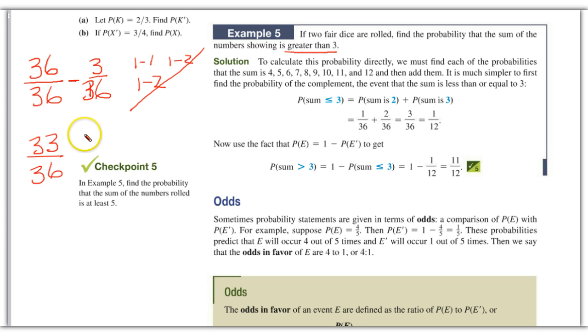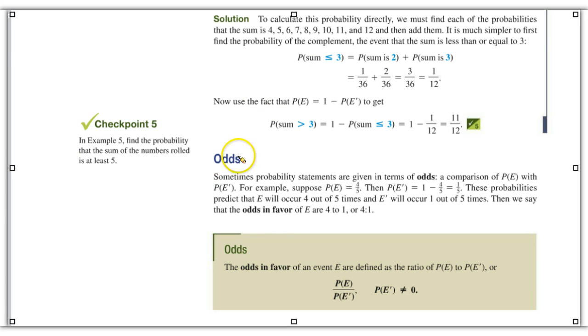And if we factor out a 3, we get 11 out of 12. And that's what they're showing us here. So in this sense, we're using 1 minus our event that we're looking for, and that will equal the complement of E, which is all of the others. That's what they're showing here.